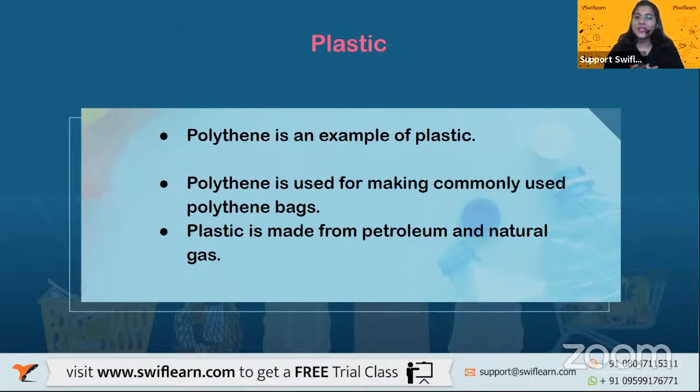So these polythene bags are also made up of plastic. Now the plastic is made from petroleum and natural gas. We also studied in the previous session that the synthetic fibers are also made up of petroleum products, coal products, है ना? So this plastic is also a synthetic thing which is made up of petroleum and natural gas.